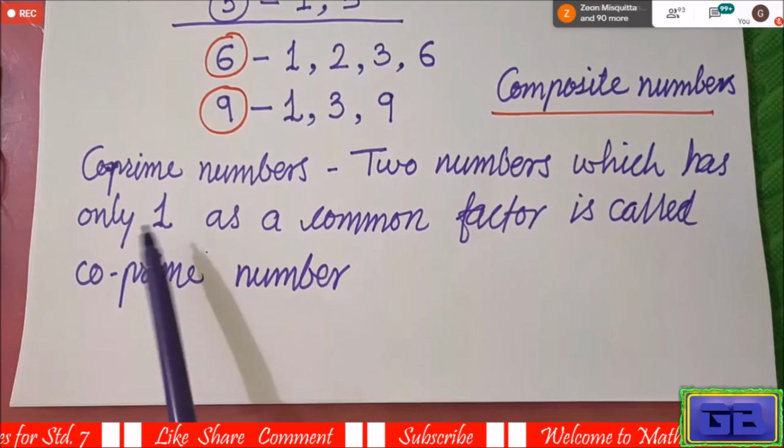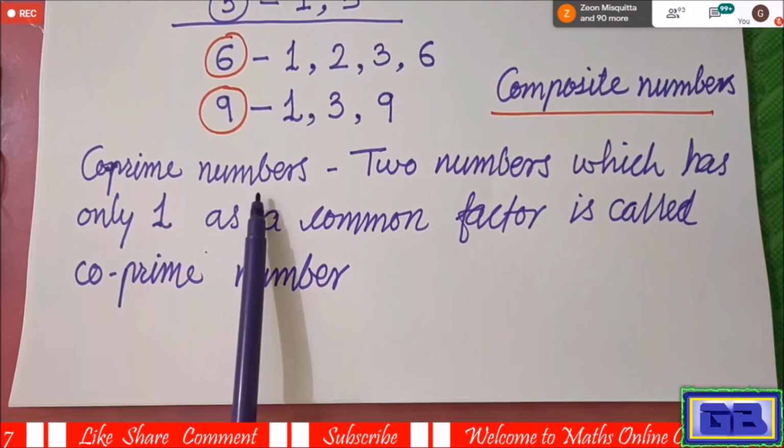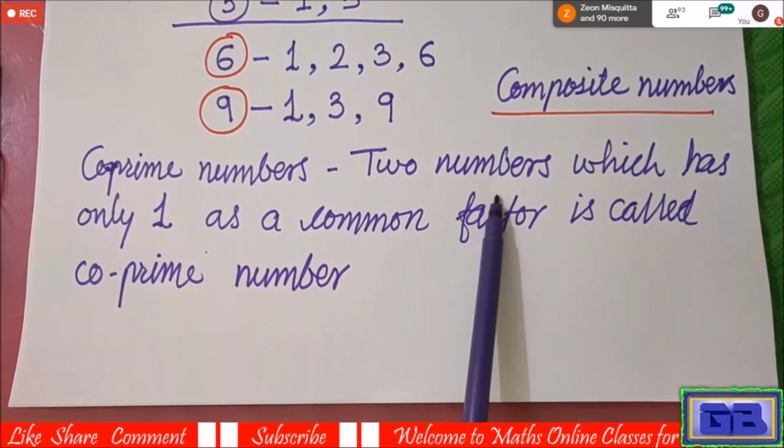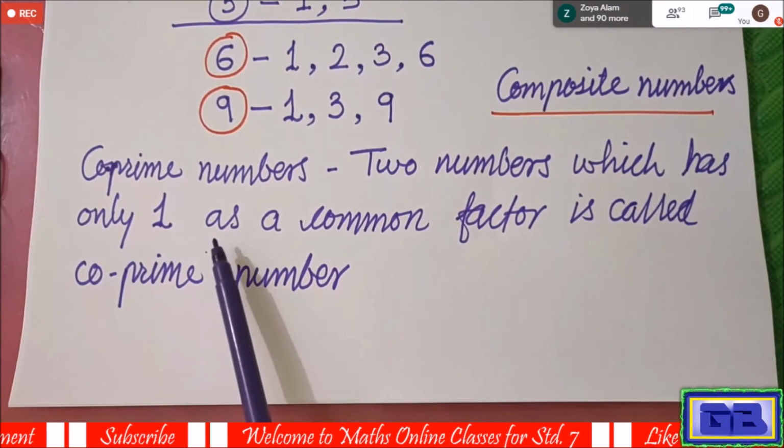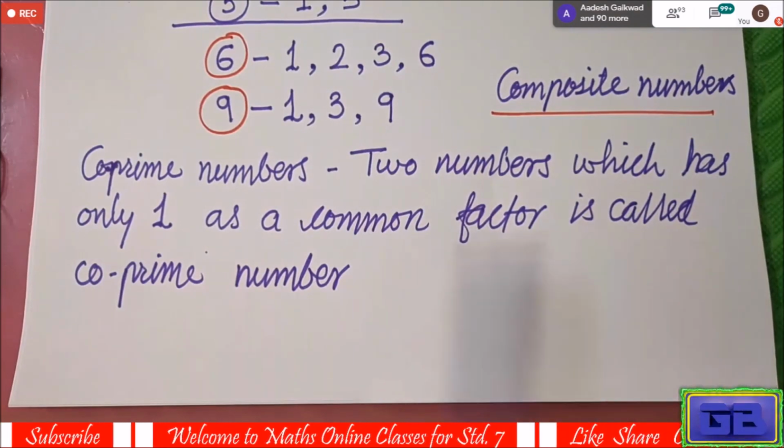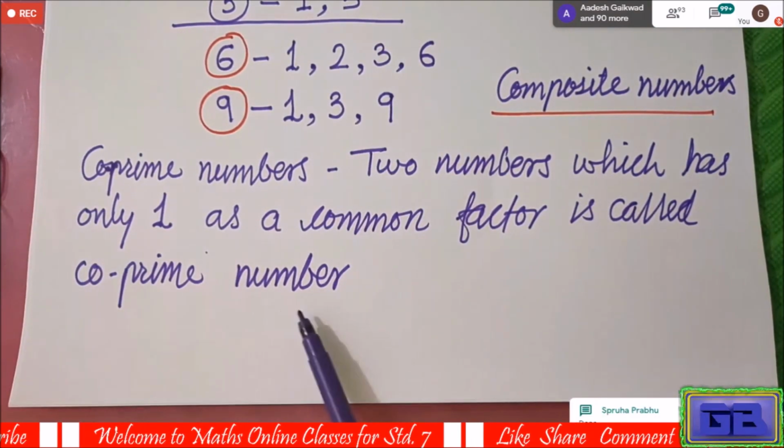Again, I'm repeating this definition of co-prime numbers. Two numbers which have only one as a common factor are called co-prime numbers.